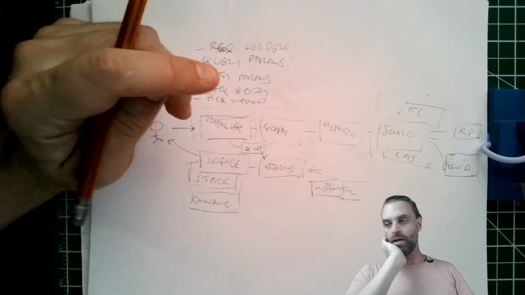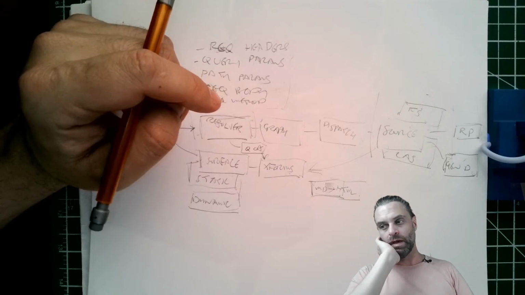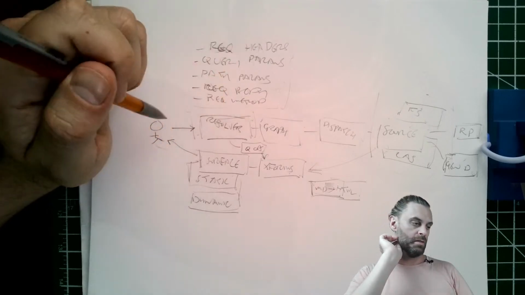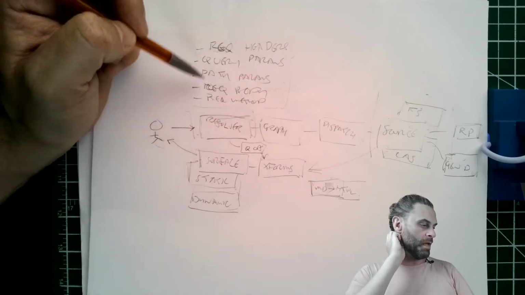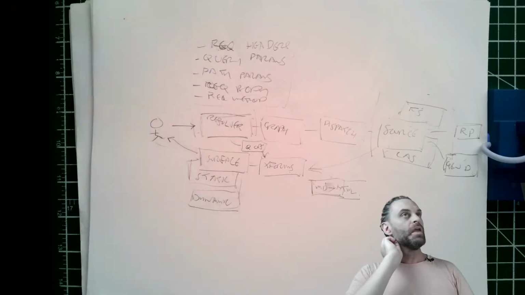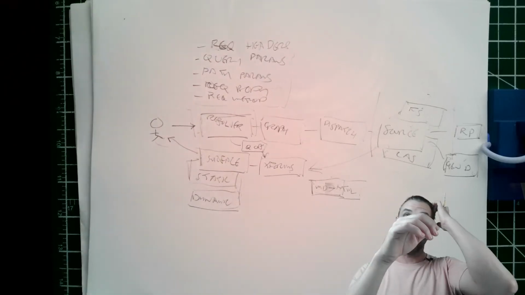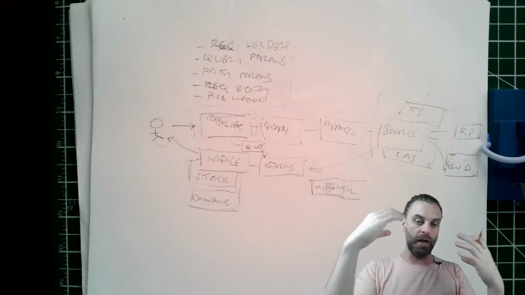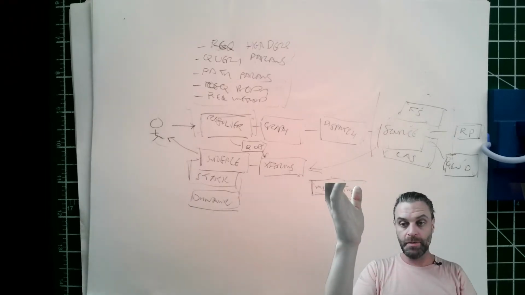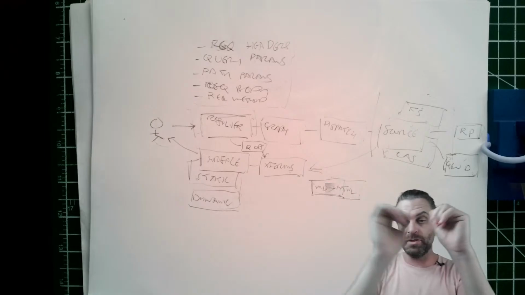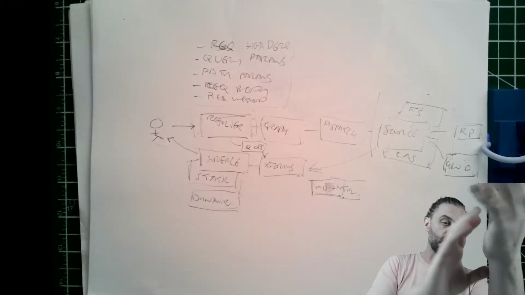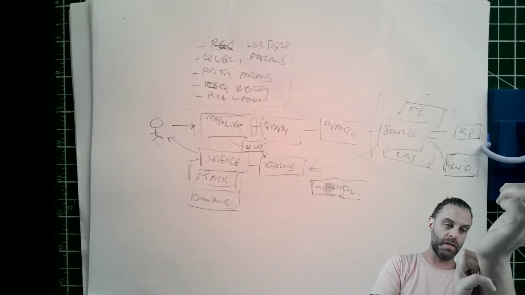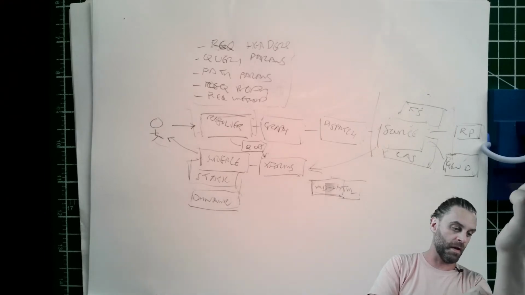So maybe some kind of request mangler. Because we want to be able to modify the headers. So you pass in whatever the accept header says. And you also want the languages and all that other stuff in there too.